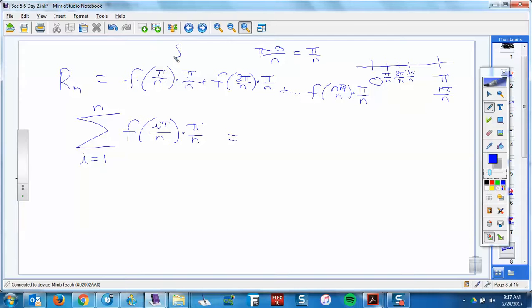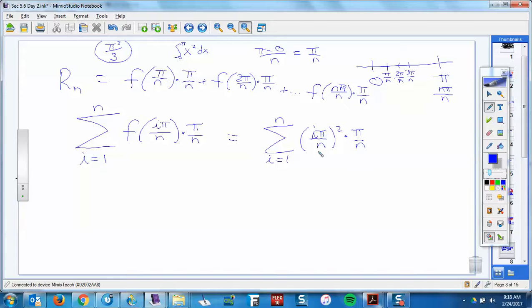Take it out of f notation. Remember, this is x squared, 0 to pi. There's our f right there. We know the final answer is supposed to be pi cubed over 3, right? That's supposed to be the actual area. So we're going to take it out of f notation. So we've got sigma i equals 1 to n, i pi over n squared times pi over n.